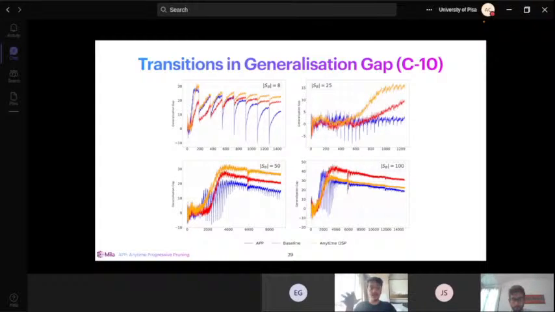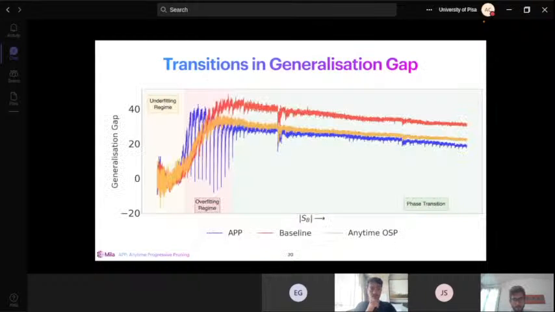But when we increase the number of megabatches and go into the 50 and 100 megabatch regime, which can be considered long megabatches, a very subtle shape develops in the plot, which looks like a phase transition, which we show exactly here. For the initial set of megabatches we are in an underfitting regime, and the generalization gap is quite low because the model is not learning sufficiently to perform well.